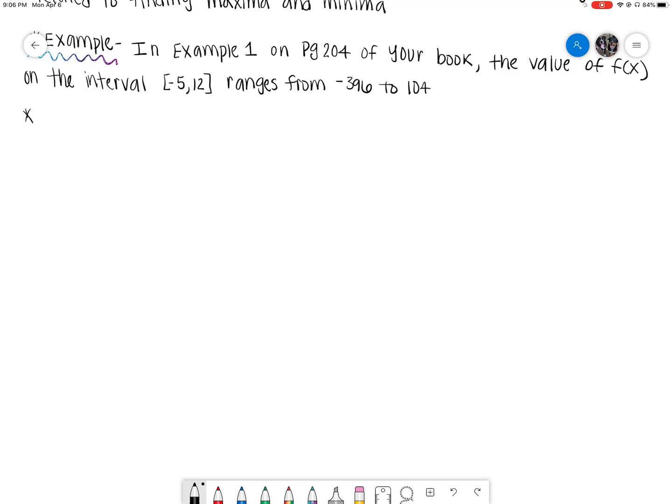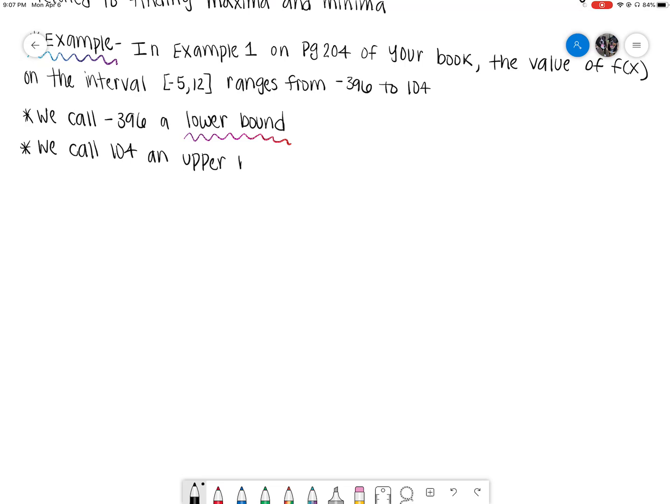So we call -396 a lower bound and we call 104 an upper bound. So that's what we mean by finding bounds. We mean finding the lowest possible and highest possible values for our function.